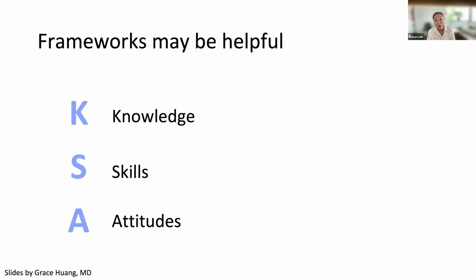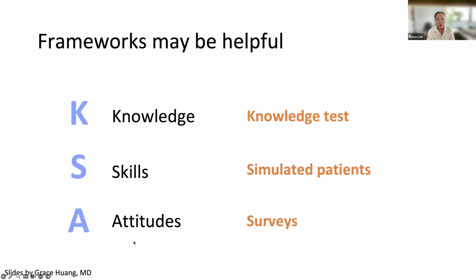But maybe an OSCE would be, or some sort of simulation activity where you can actually observe them performing the skills. And then for attitudes, if you want to change attitudes, if you want to increase comfort, confidence, change the way people perceive things, then surveys might be really appropriate assessment tools. So these are just some examples of matching the assessment to the objective.